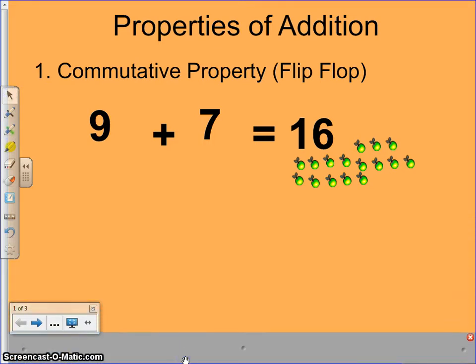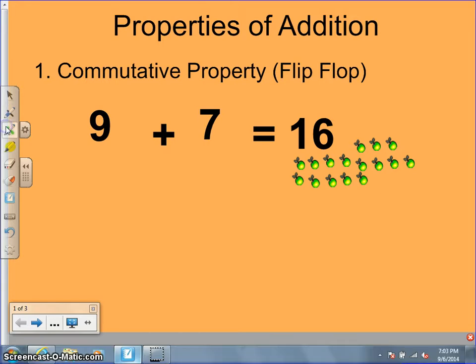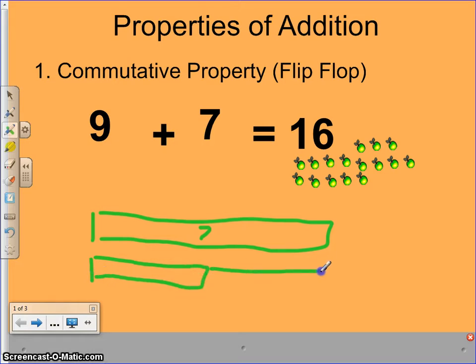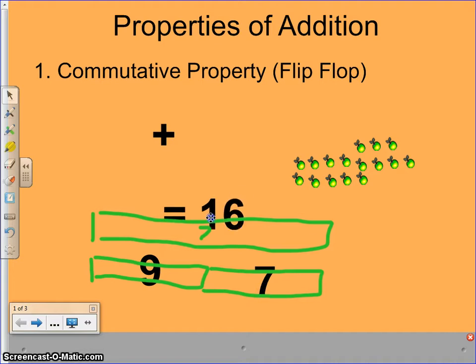You may see a chart where you have a big rectangle or a big line in addition, and there's a question mark in here, and then you have these two rectangles here where the two addends go. And you would have, in this case, 9 plus 7 equals that big bar, the 16.